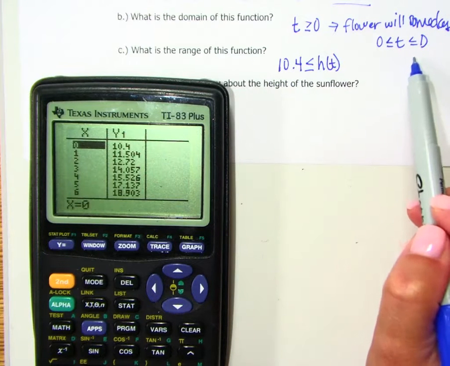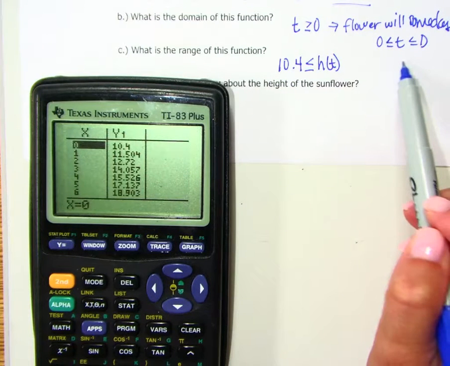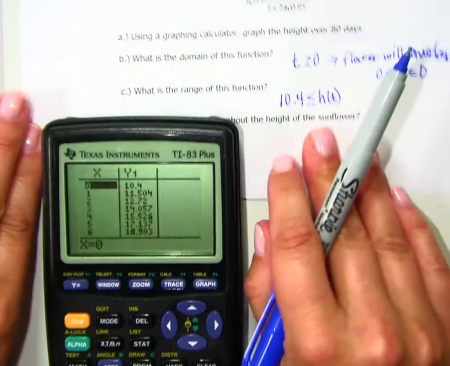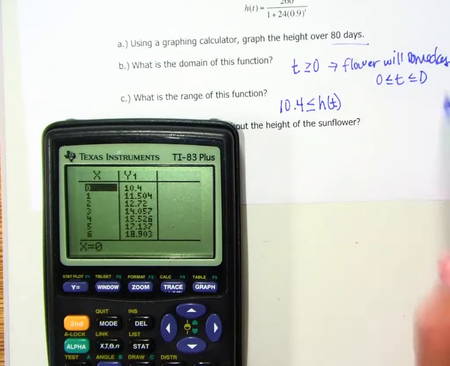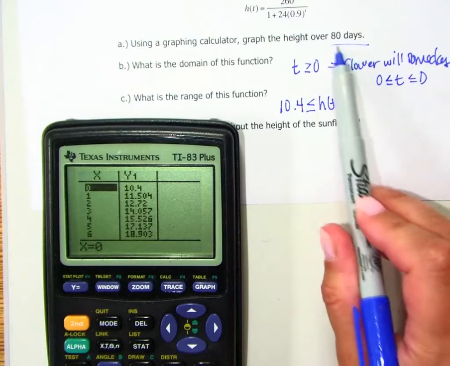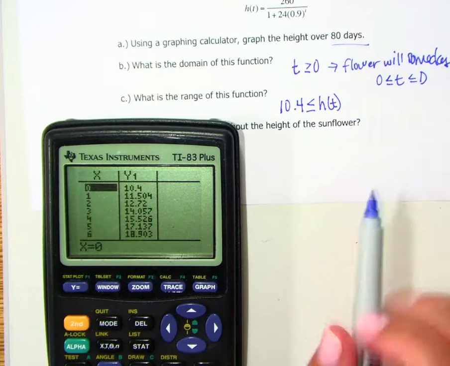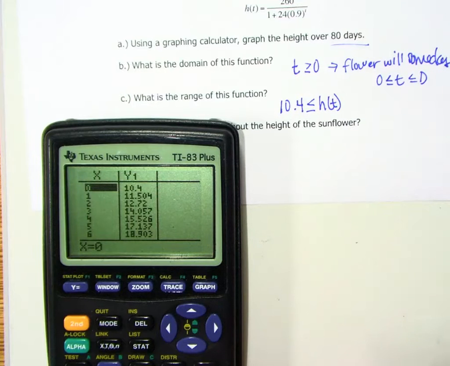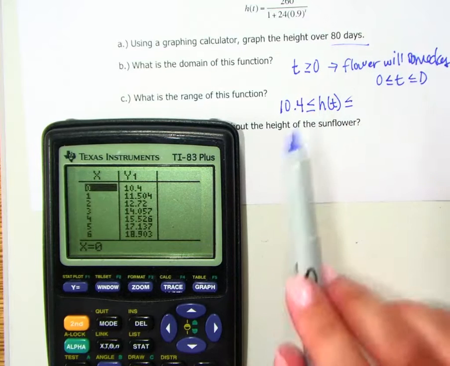Now we want to look at the highest of our interval. And for this, we don't know when it's going to die, but it tells us to graph it over 80 days. So the upper interval of my range will be the output for 80 days.